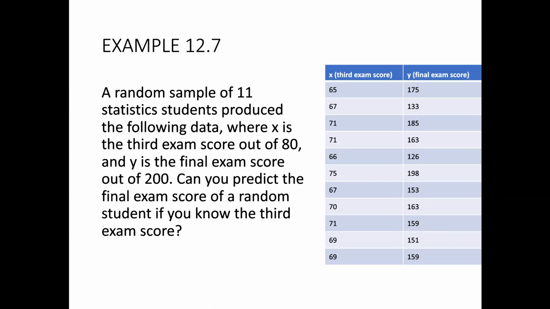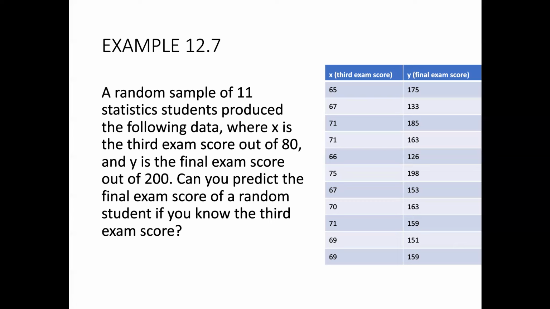So I'm going to go to my stat menu, over to tests, and I'm going to find the linear regression t-test, which is F. And I'm going to run that again on L1 and L2. I'm not worried right now about beta or rho.